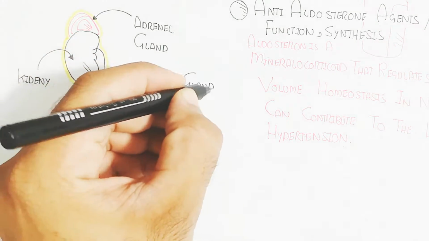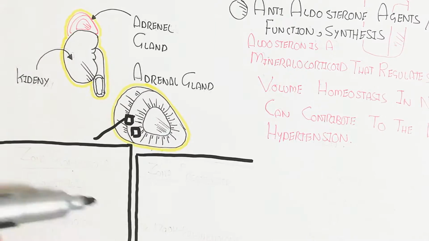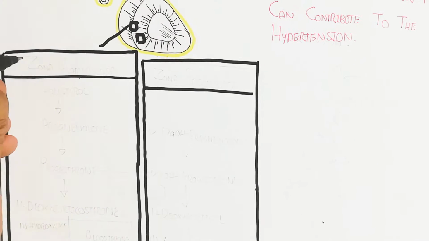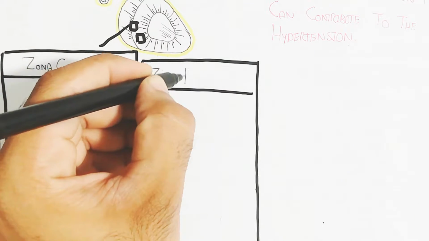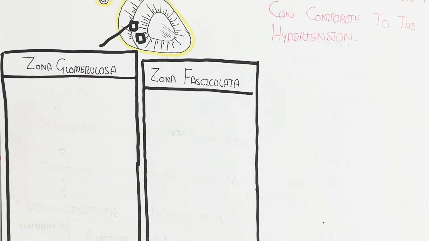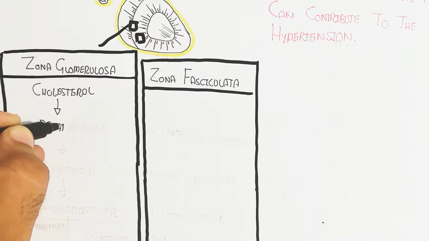The adrenal gland is stimulated, and the kidney. Here the adrenal gland contains the adrenal cortex, which contains the zona glomerulosa and zona fasciculata.